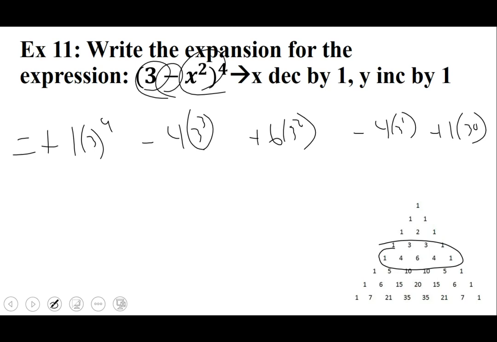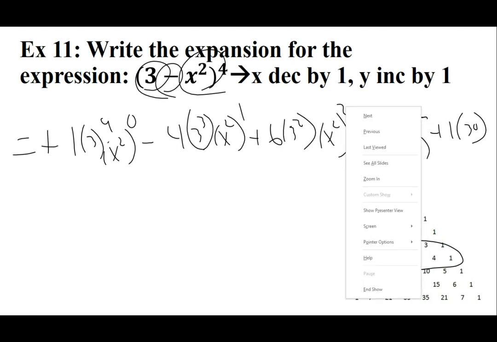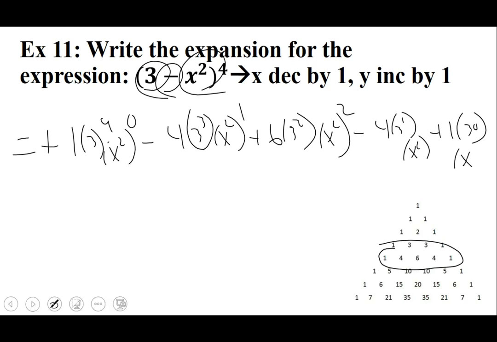You have to take the entire quantity x squared and raise it to the power starting with 0 all the way up to 4. So this is going to be x squared to the 0, x squared to the 1st, x squared squared, x squared cubed, and then x squared to the 4th.